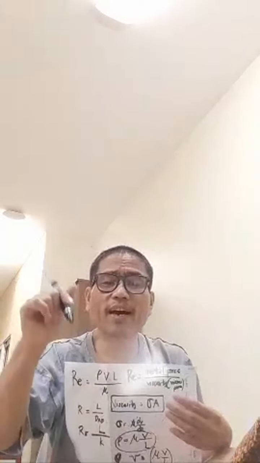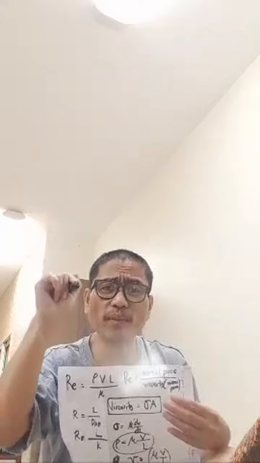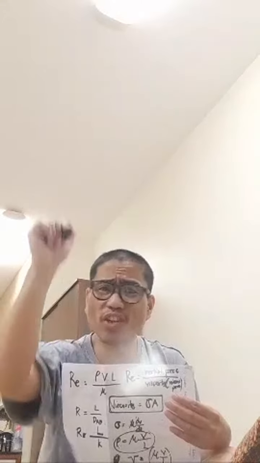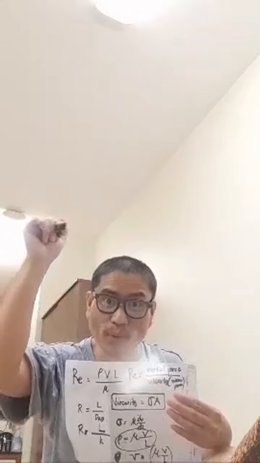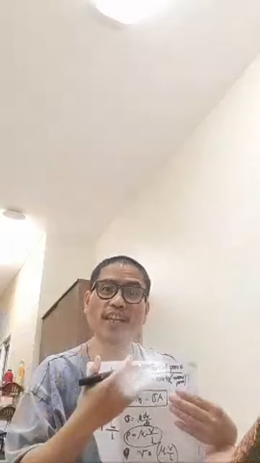What is the unit of area? That is meter squared, centimeter squared, or inches squared, whatever, as long as it's the length raised to the power 2. So I will put general, capital L raised to the power 2. Take a look, class.